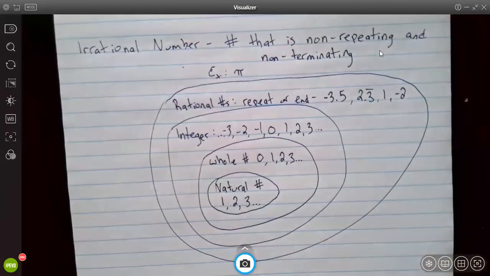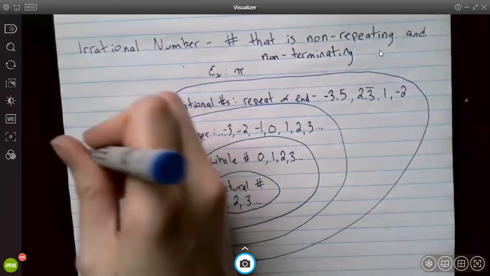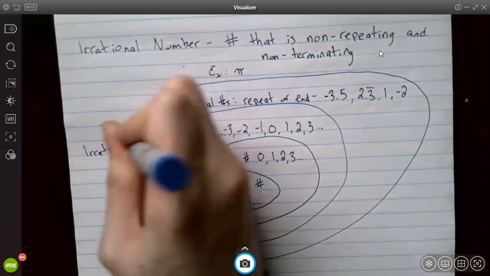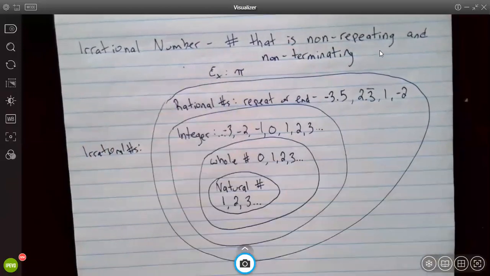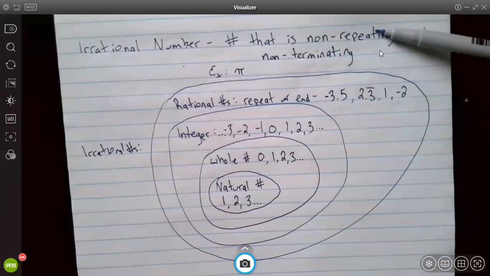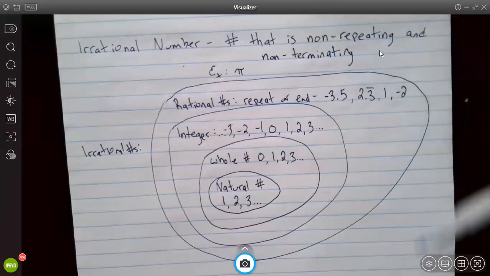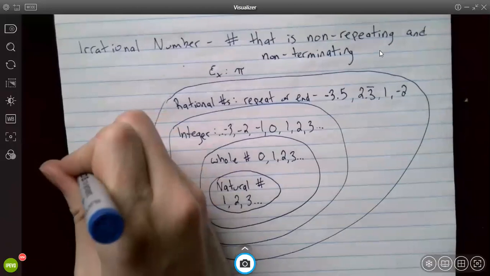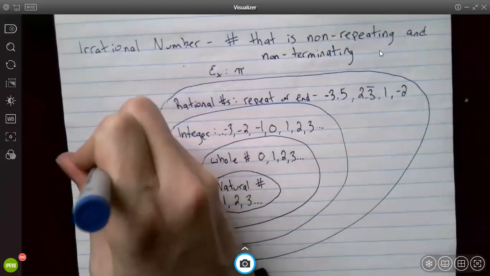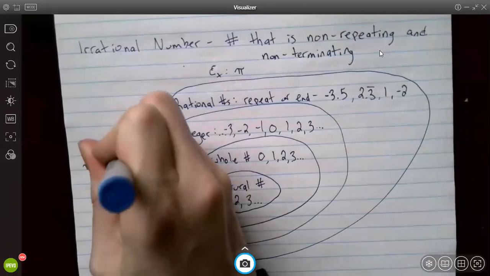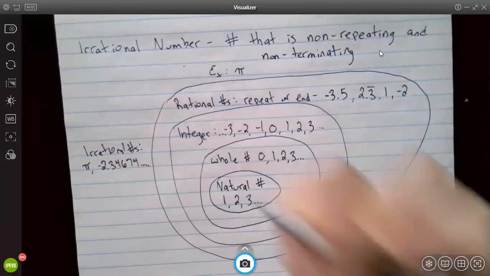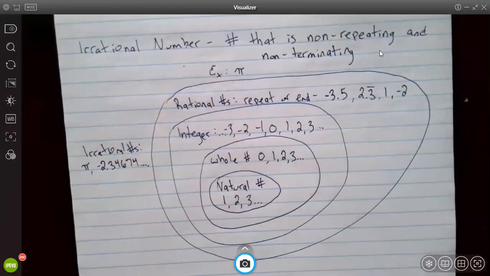And then irrational numbers are kind of in a category of their own, because irrational numbers, like we talked about, don't repeat and don't end. So that is things like pi, or if you just had like -2.34674, and it just keeps going on and on and on to the end of your calculator.